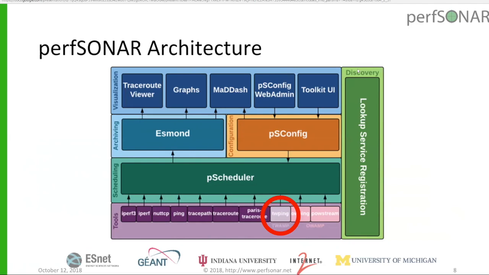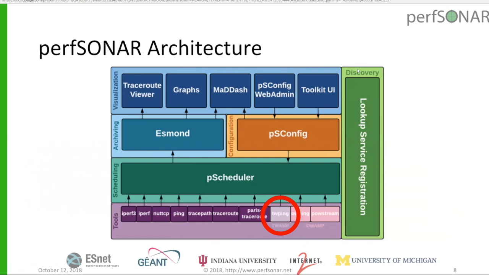The important thing is that in perfSONAR, you usually do not invoke these tools directly, although you can, but instead you use a kind of wrapper, which is the pScheduler, from the scheduling layer to execute the tool. And the latest development of pScheduler allows it to be very flexible. You can add many plugins into it.